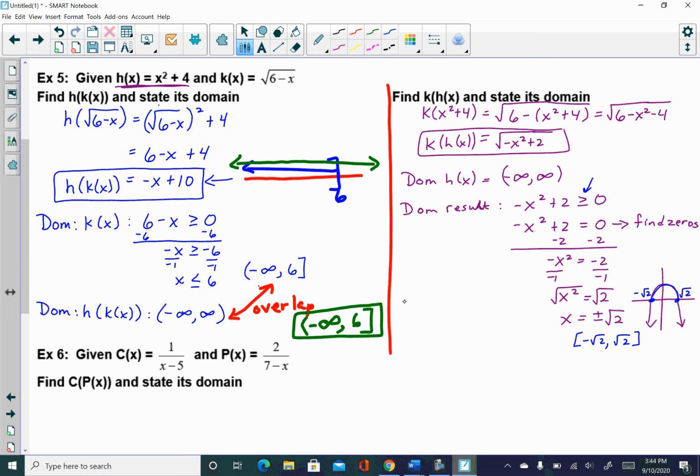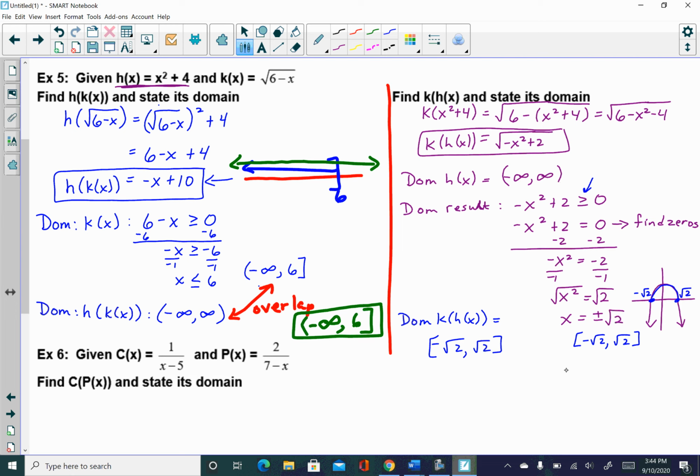So now our overall domain is where this negative infinity to positive infinity overlaps with this restriction. So hopefully you would agree then that the domain of k of h of x would end up being that negative square root of 2 to positive square root of 2, because that's where it overlaps with negative infinity to positive infinity.